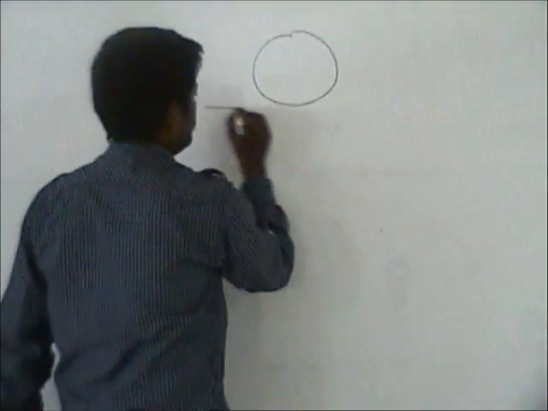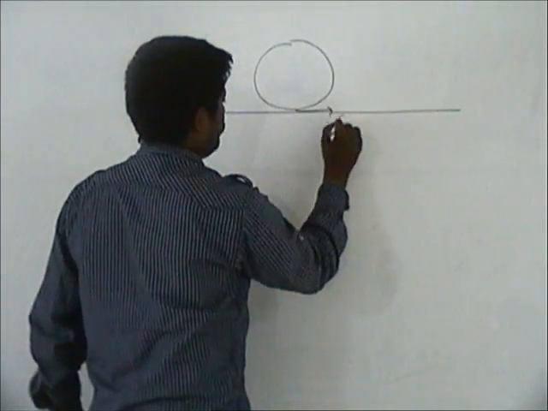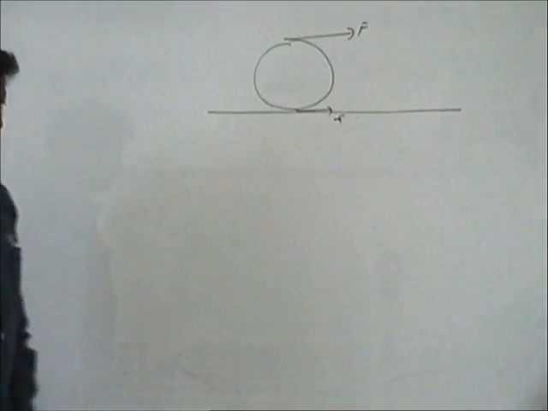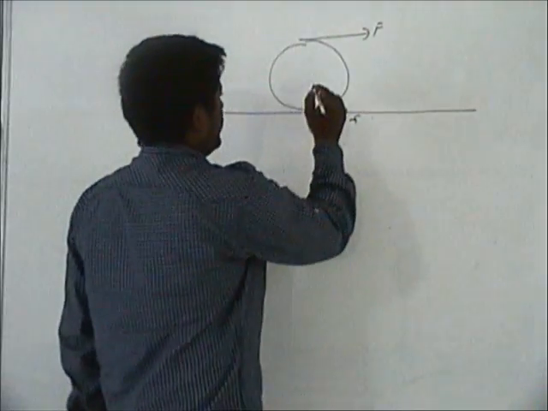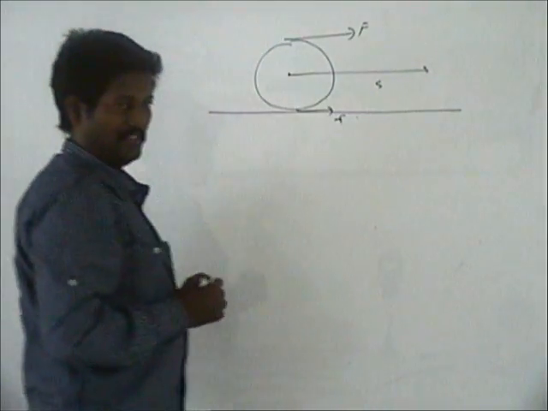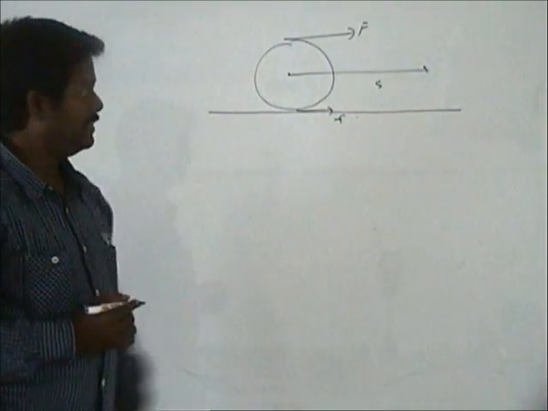So here we take again the same disk with friction force f, and here the force applied is F. It's accelerated pure rolling. Now let us say it has gone to a distance S at some instant of time after time t.